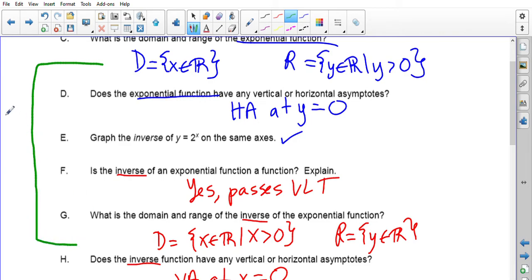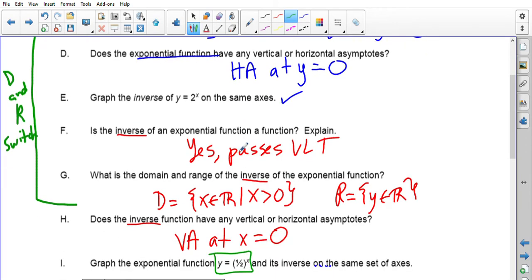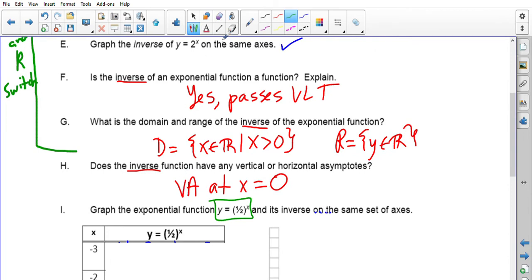That tells us that the domain and range should swap for the original and the inverse. So it makes sense that the domain of the original became the range restrictions of the inverse, and the same for range. Does the inverse have a vertical or horizontal asymptote? We just saw it has a vertical asymptote at x equals 0.